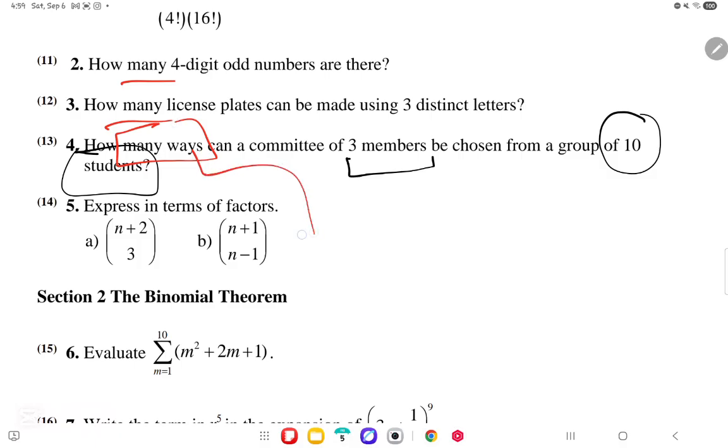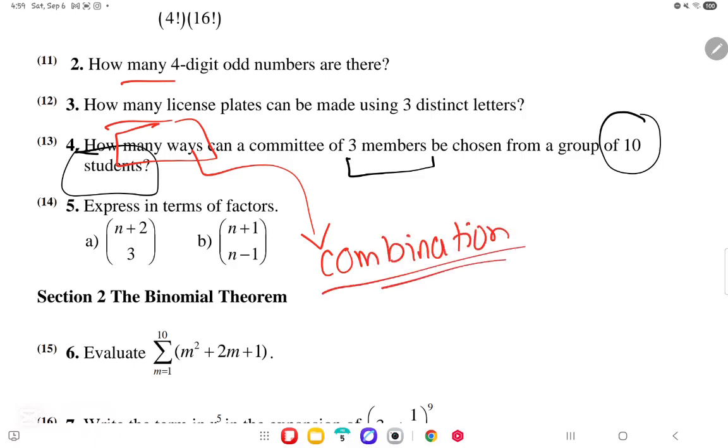So when they tell us how many ways, we will use the combination theorem. If they tell you how many, you will use the methods that we used for question 2 and 3. But if they tell you how many ways, there's a difference between how many things and how many ways. When they tell you how many ways, you will need to use the combination.